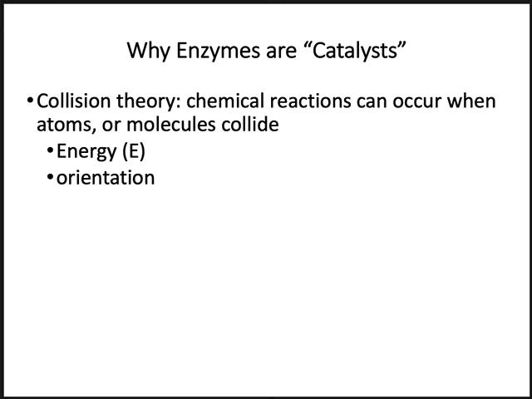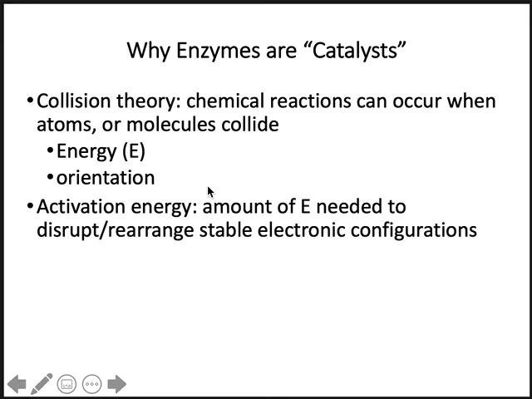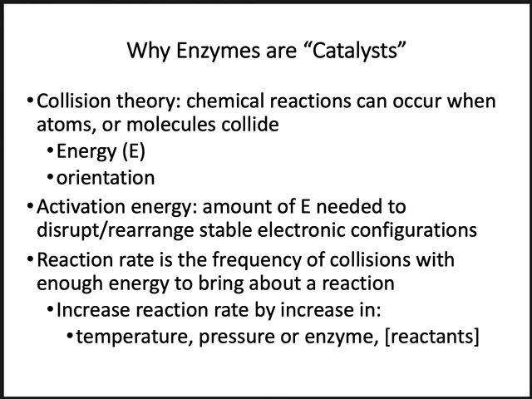And of course that requires energy as well. And so we call that energy the activation energy, the amount of energy needed to change the configuration of the reactants. Okay, so the reaction rate is the frequency of collisions that have enough energy to bring about a reaction.